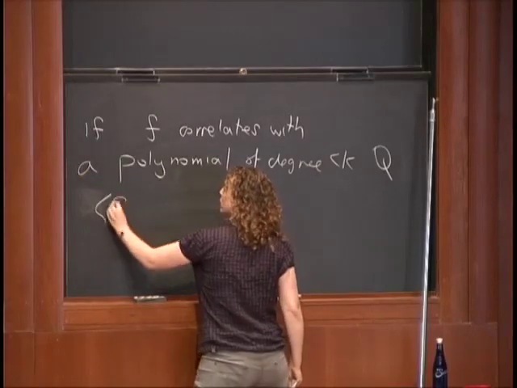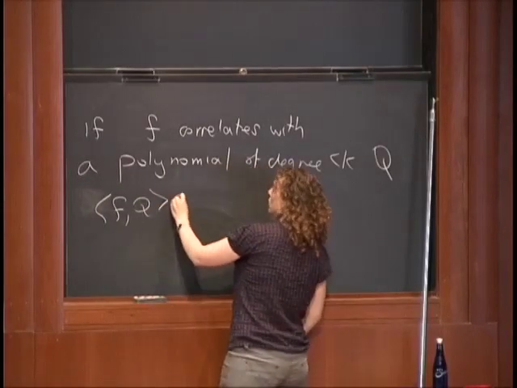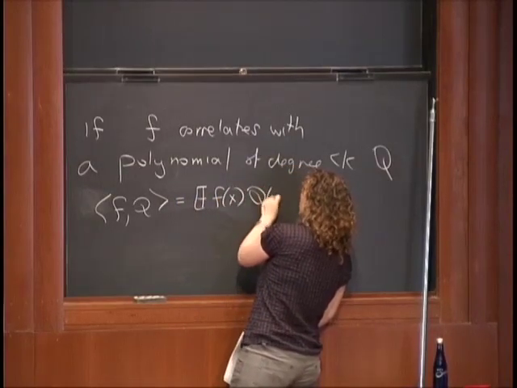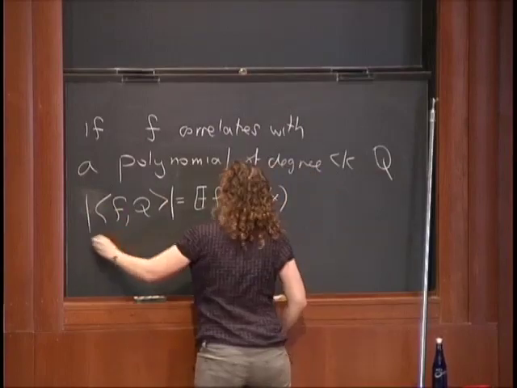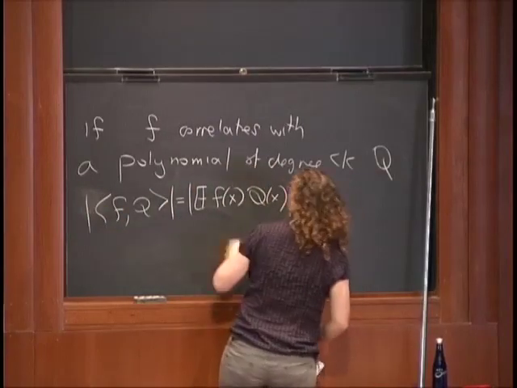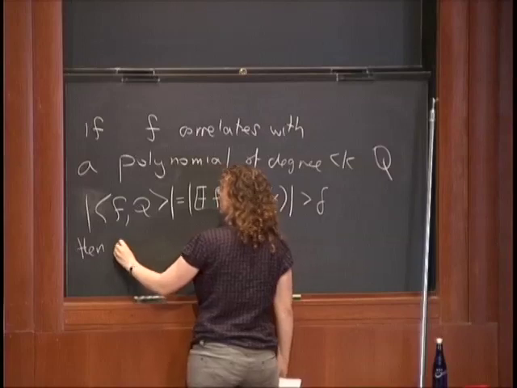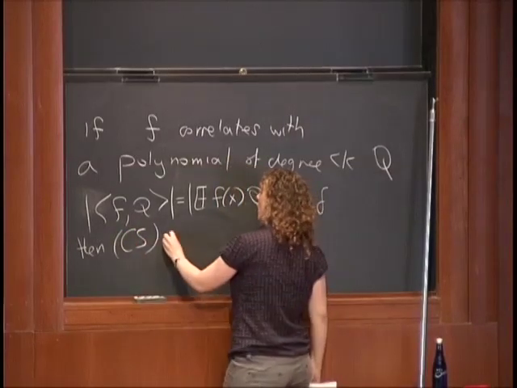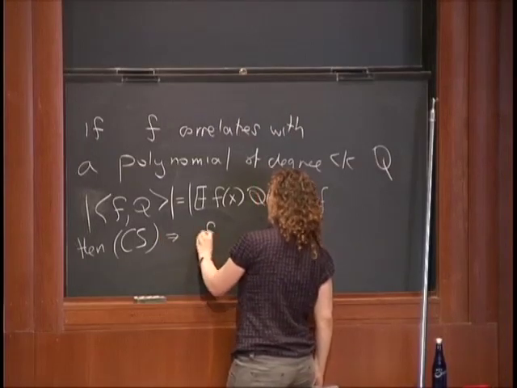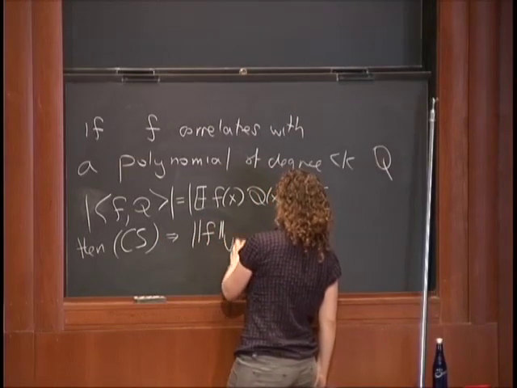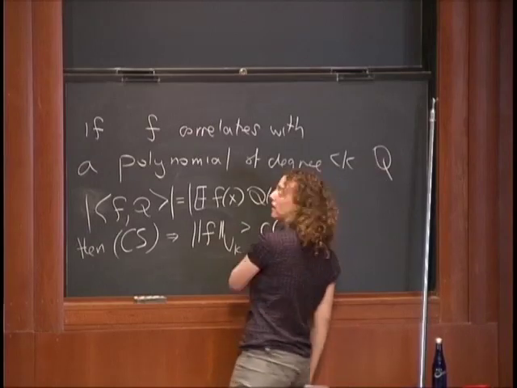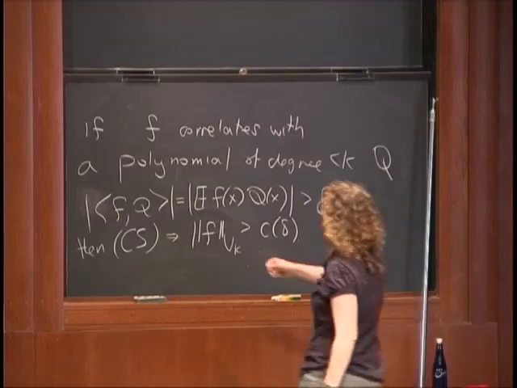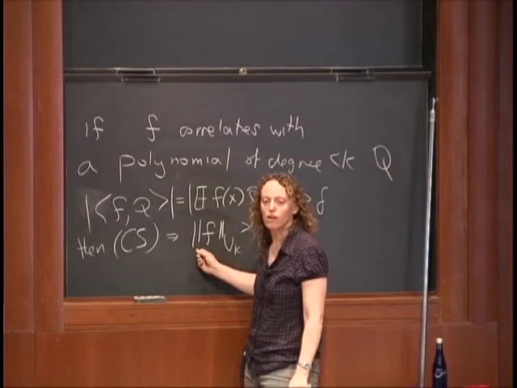Suppose you know that the average over f of x, q of x is large, then applying sufficiently many Cauchy-Schwarz inequalities, you can get that the UK norm of f is larger than some constant depending on delta. So if you correlate with the polynomial, then you get a large UK norm.